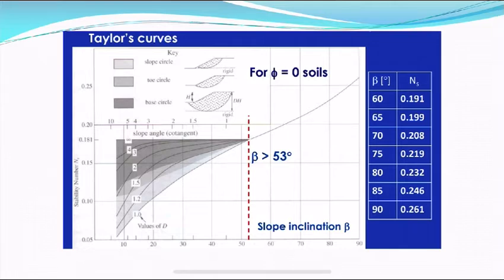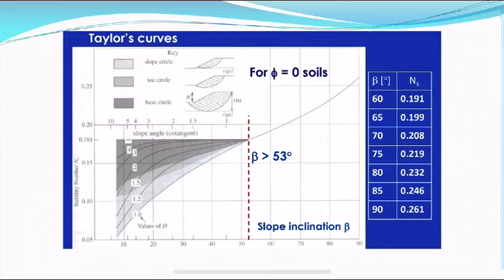But when beta is greater than 53 degrees, it is found to be independent of D, so it depends only upon the sloping inclination.